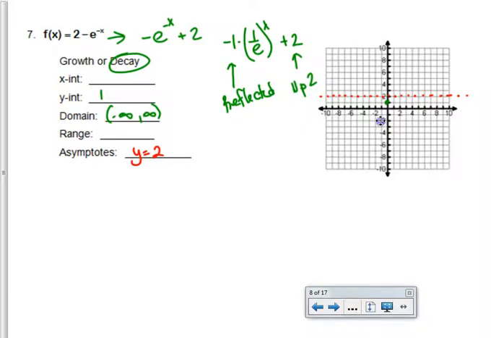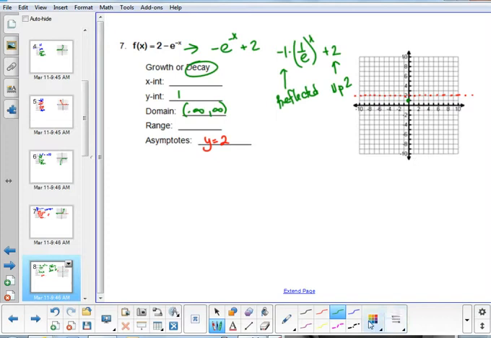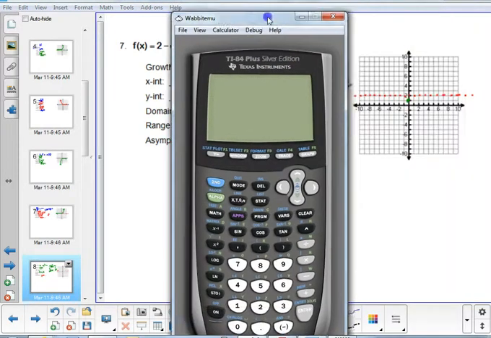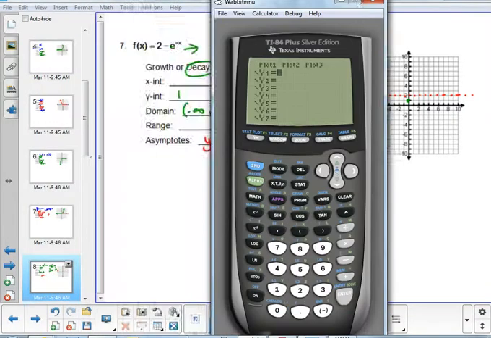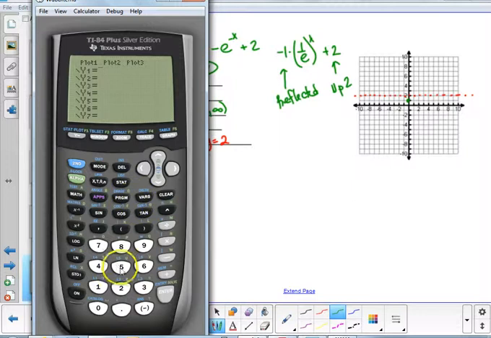And this time we will have an x-intercept. So let me grab my calculator. And you could type in the original or the kind of rewritten translated version that we came up with. It doesn't matter. I'm going to just go ahead and type in the original. 2 minus e to the negative x.